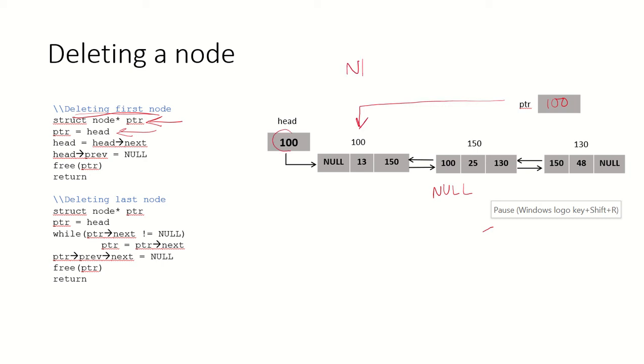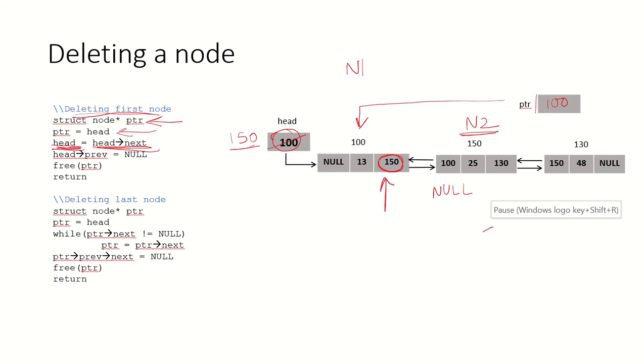We will update the head to point to node 2. And where is the address of node 2 available? It is available here, and this is currently PTR arrow next. So head can be updated to head arrow next, or we can also say PTR arrow next. So head will now have the value 150.